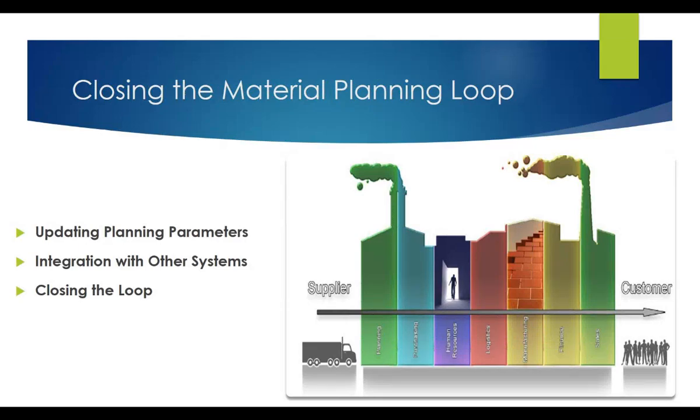So as materials plan throughout the year, planning parameters such as lead time and scrap factors may need to be updated. The MRP system may need to be integrated with many other systems. We've got CMMS, equipment maintenance management systems, logistics planning systems, warehouse management systems, supplier relationship management, human resources, distribution, DRP systems, and more.